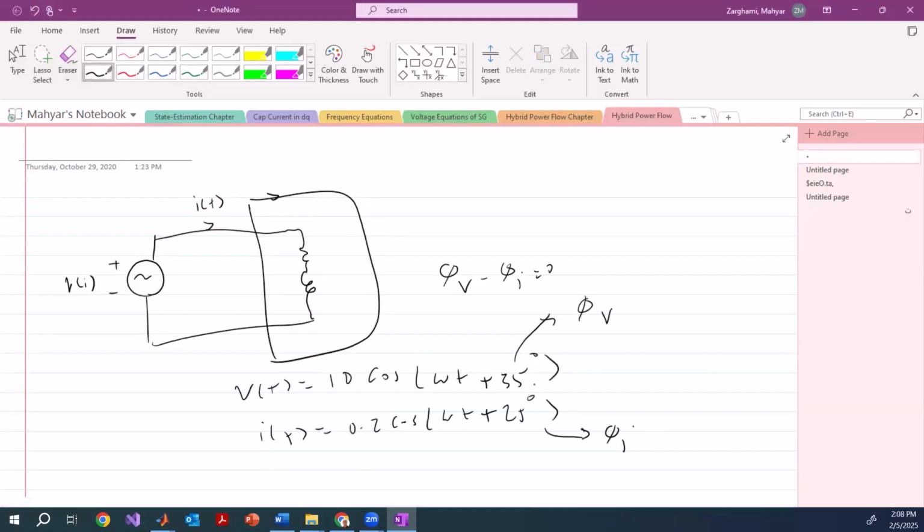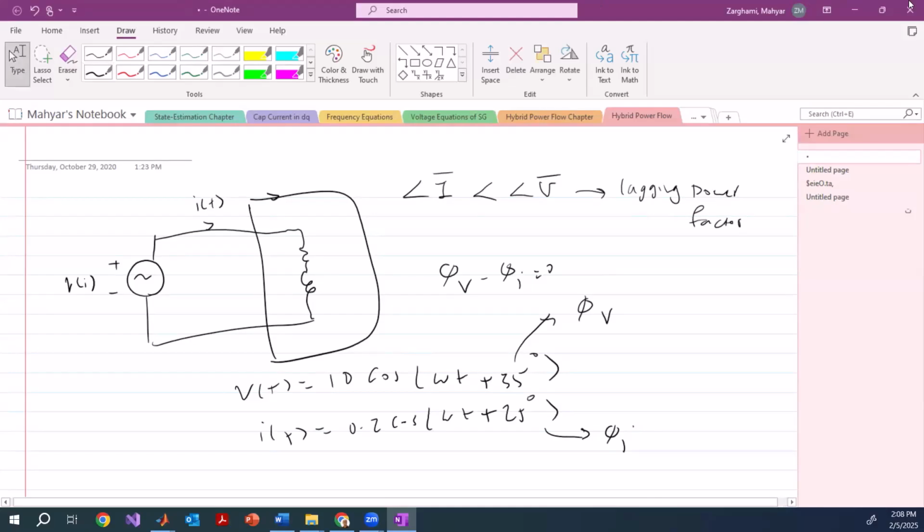So in this case, when the angle of the current is smaller than the angle of the voltage, we say that we have a lagging power factor. We have a load or a network that has a lagging power factor because the current lags the voltage. In that case, current is behind the voltage.